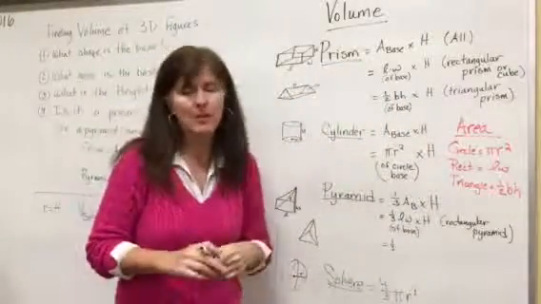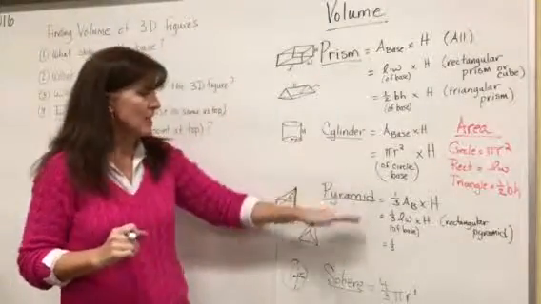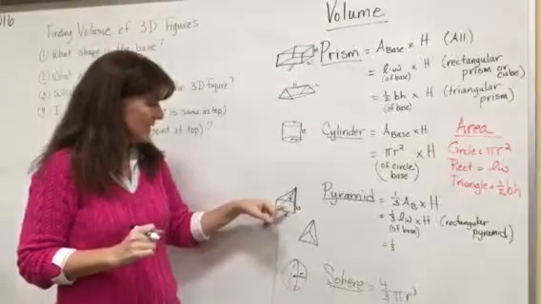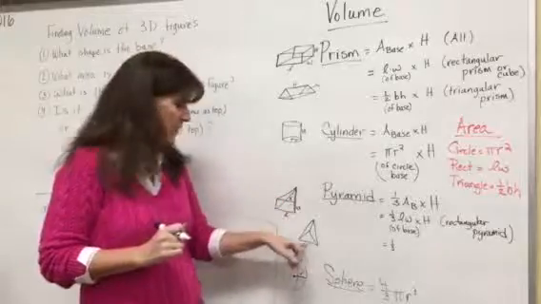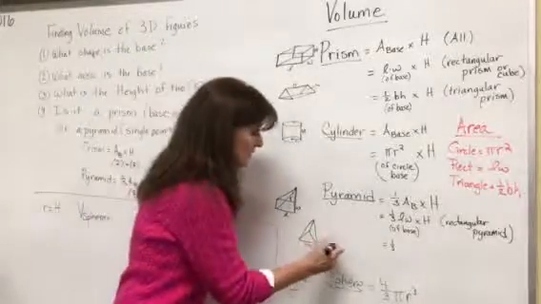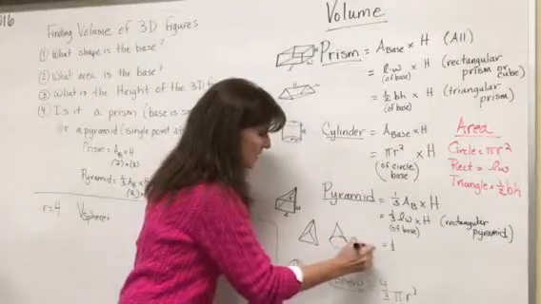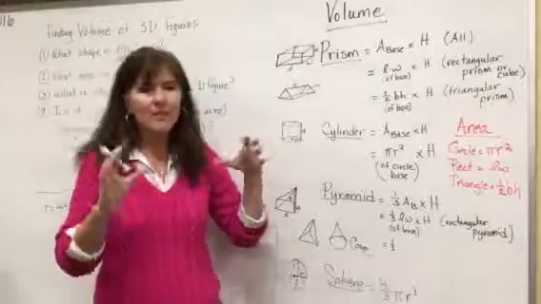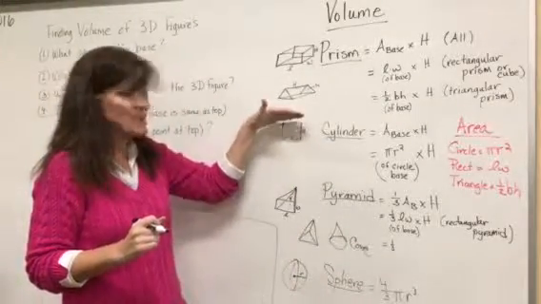Now it's a little bit different if you have a pyramid. Remember the difference between a prism and cylinder and a pyramid. You might have the same base, such as a square or rectangle or triangle or even a circle, and that would make it a cone. But you have a different formula because you don't have the same base as you have a top.